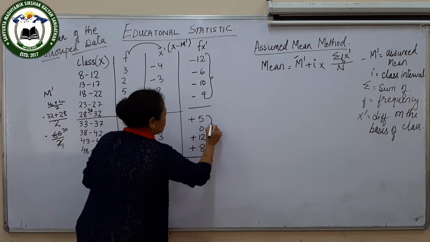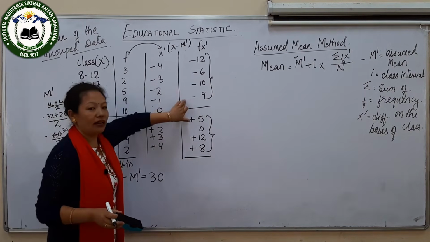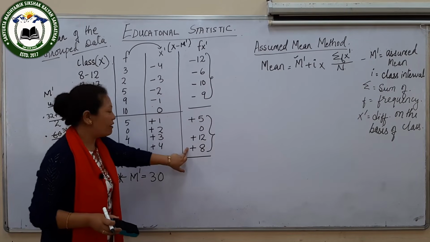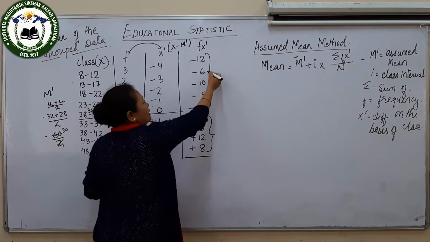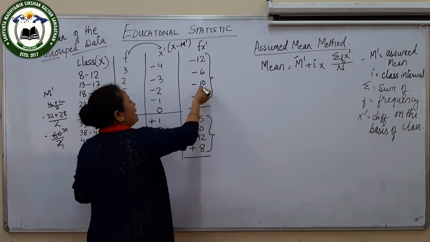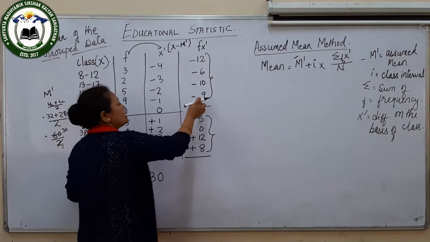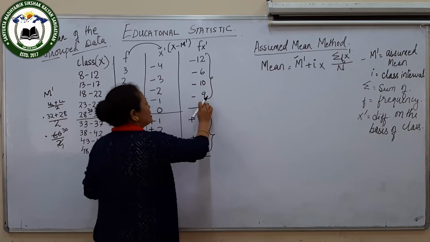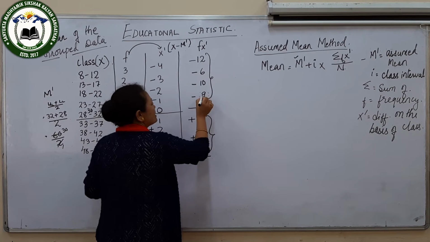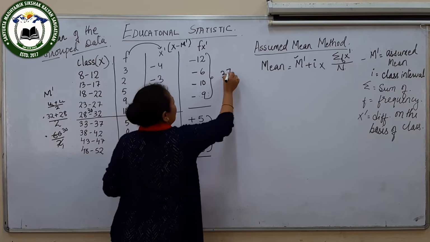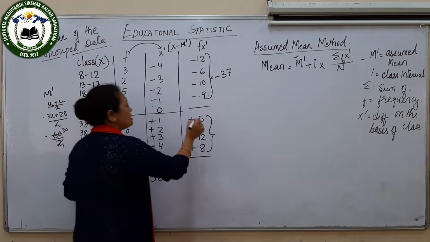Now, what you do? You add all those numbers with the negative sign and those with the positive sign. So, for the negative sign we add 12 and 6, which is 18. 18 plus 10 is 28. 28 and 9 is 37. Since this number is minus, we'll write minus 37.